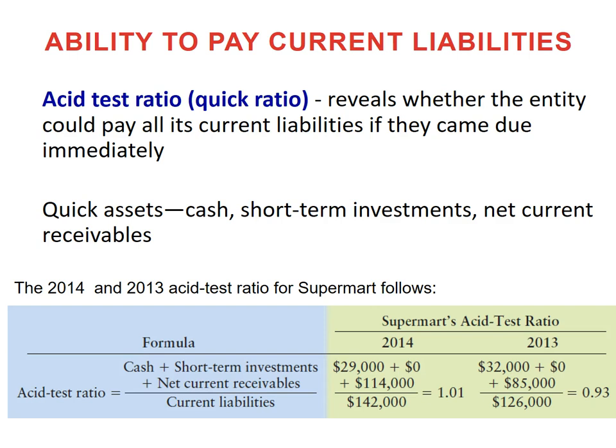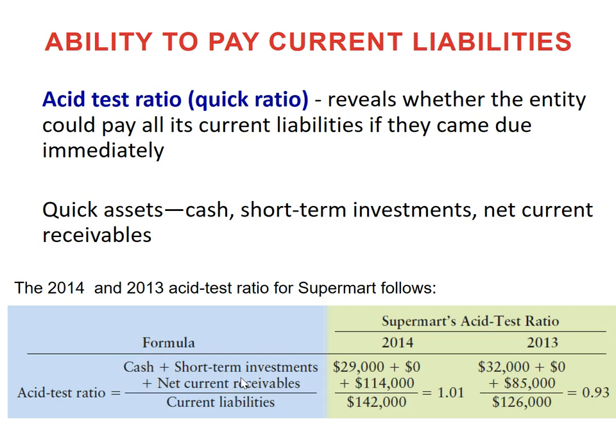Now the next ratio is another ratio to check how capable you are of paying your current liabilities, and this is called the acid test ratio, and another name is the quick ratio. This is based on the current ratio, but instead of taking all current assets as your numerator, you are taking very pure current assets, which are cash, short-term investments, and net receivables.